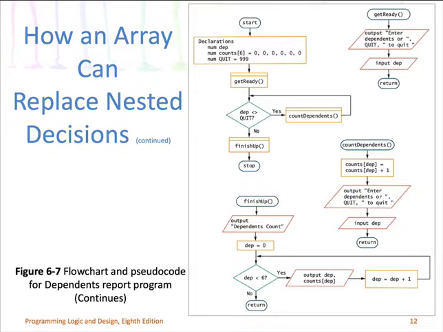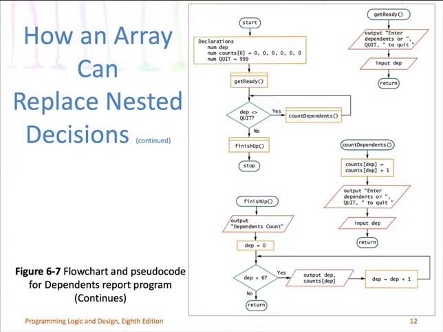Now, once we get to the bottom, we need to output our results, which we haven't talked about yet. They're going to set the dependent variable to 0 and output location 0 or index 0 of the array. They then increment that to 1, go back, and 1 is less than 6, so we output the second element of the array, index 1. We do that till we get to 5.